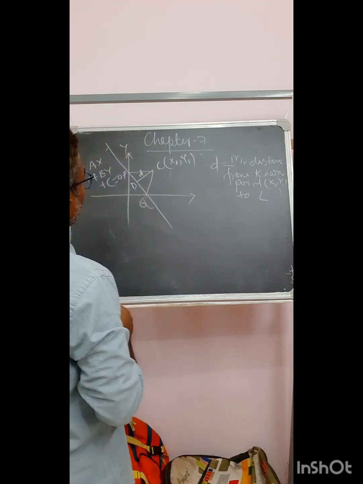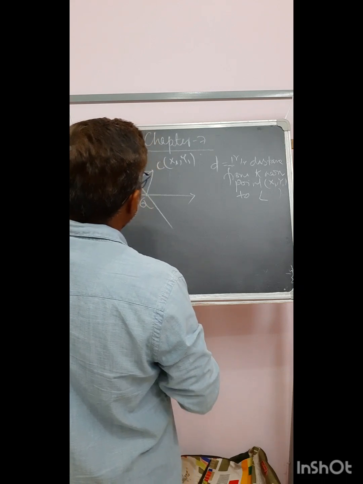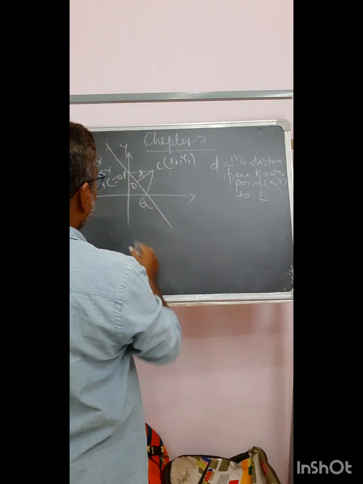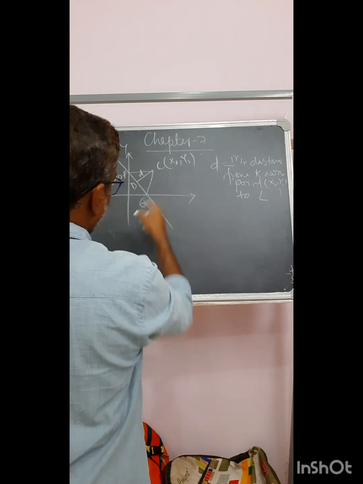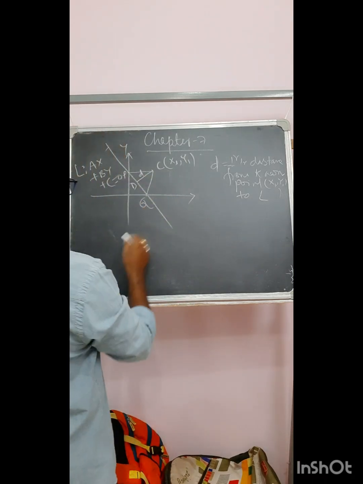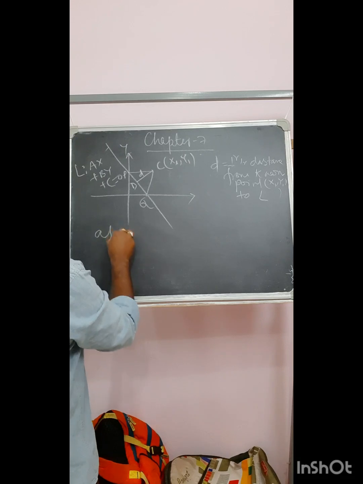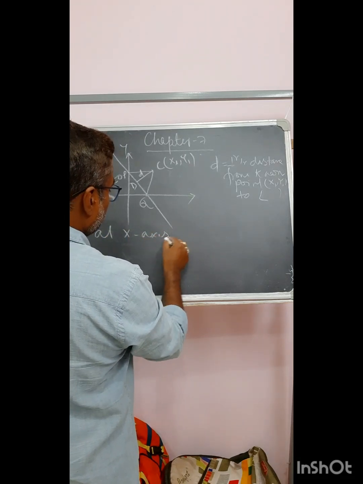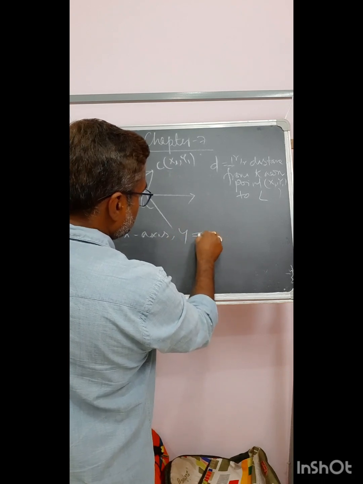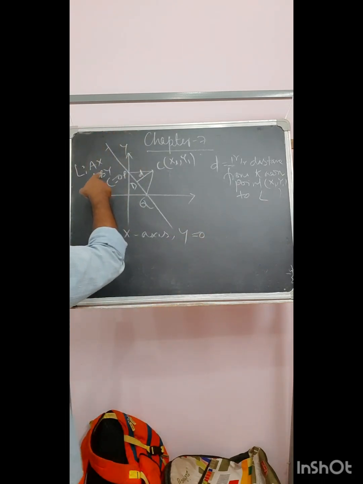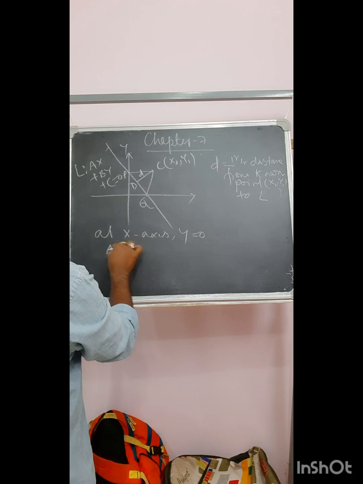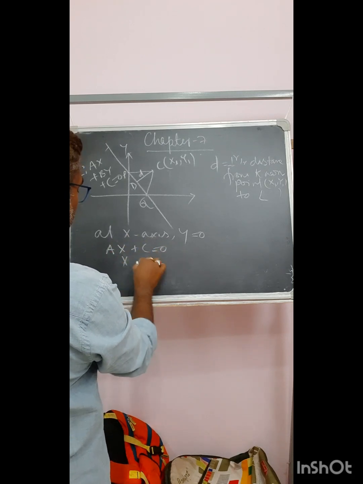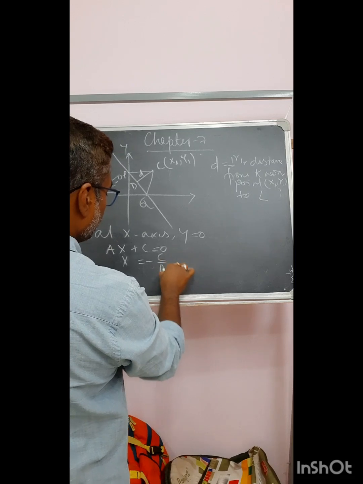So this line, if it is cutting the x axis, then at the x axis y is equal to 0. So if I put the y value there, I will get ax plus c equal to 0. That means x is equal to minus c by a.